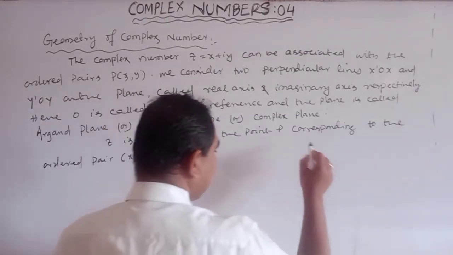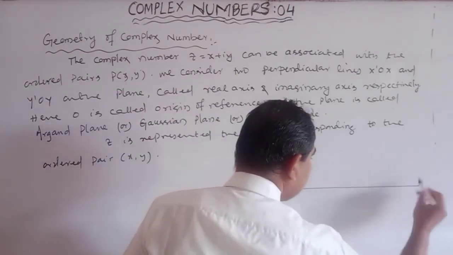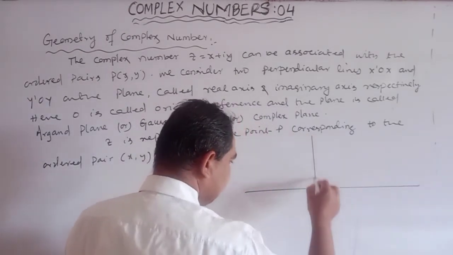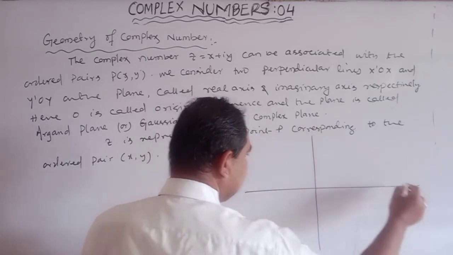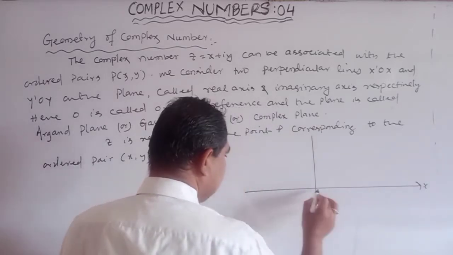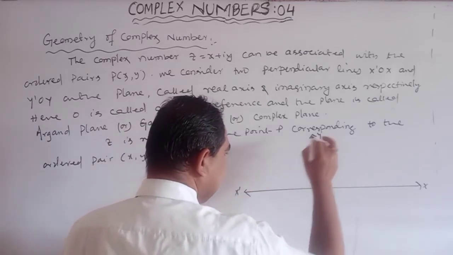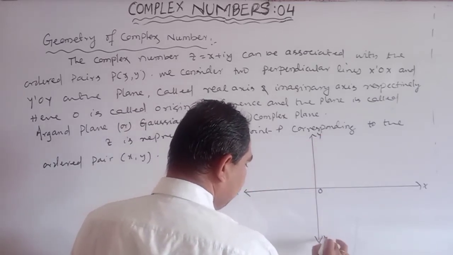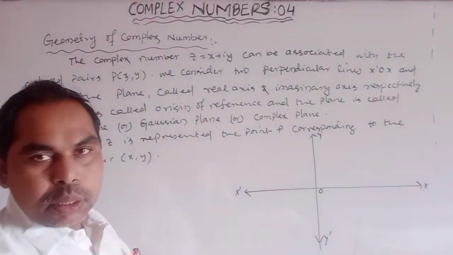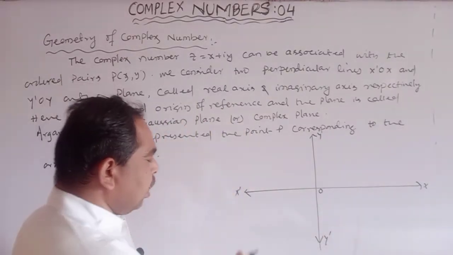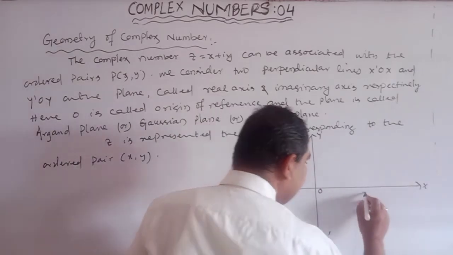So this one is the real axis, this one is the imaginary axis. This is x dash, O, x, y, O, y dash. So x, O, x dash is called real axis.